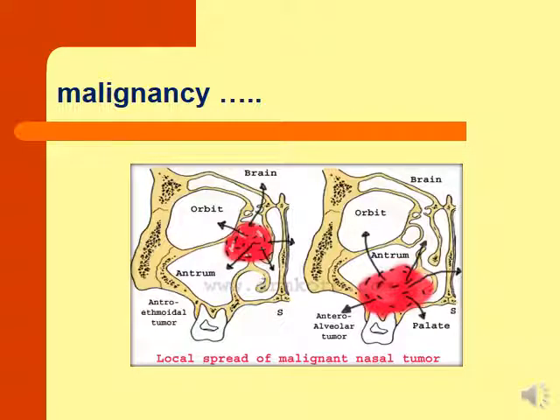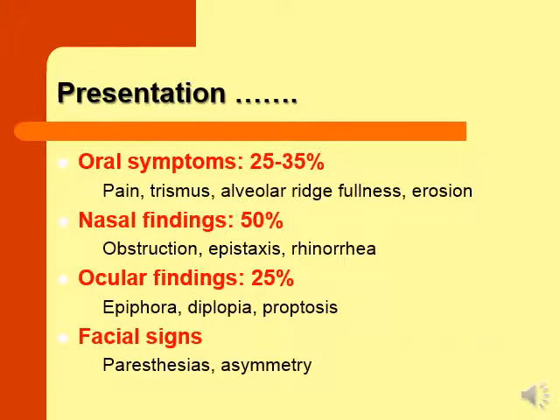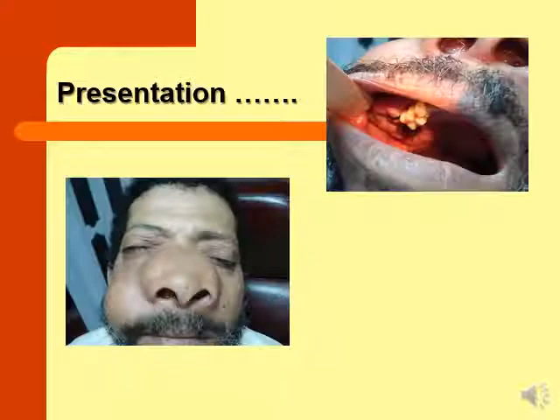Tumor arising in the nose does not respect the boundaries. It invades in all directions. It can go into the mouth, into the eye, intracranially, or anteriorly through the skin. These are all examples. Look at this: the nose is broadened, very broad nose, and there is an erosion of the palate.